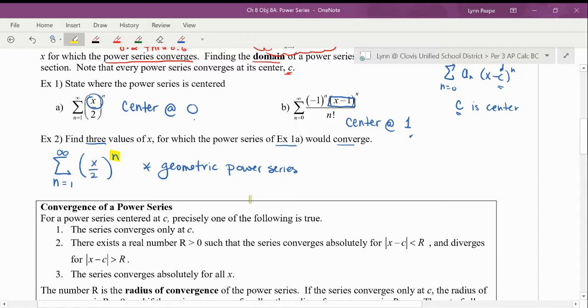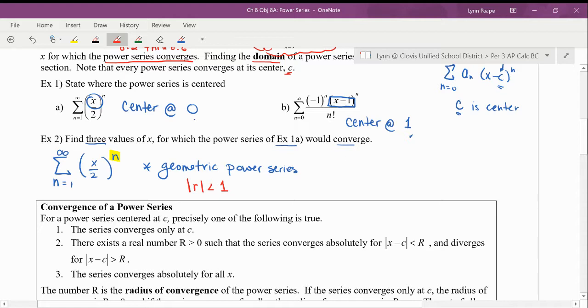The other thing I know is that as long as the radius is less than 1, the series will converge.